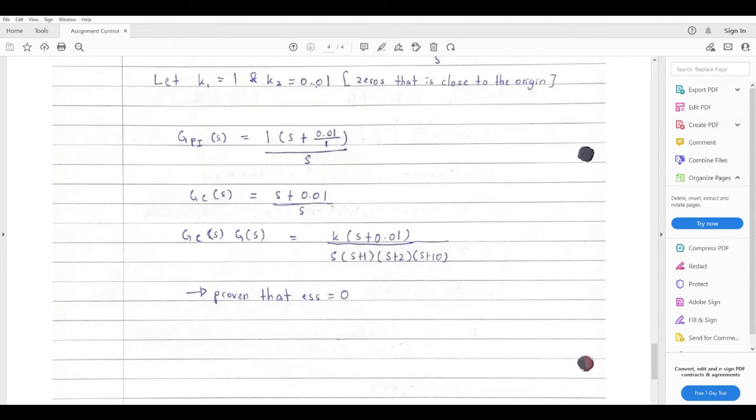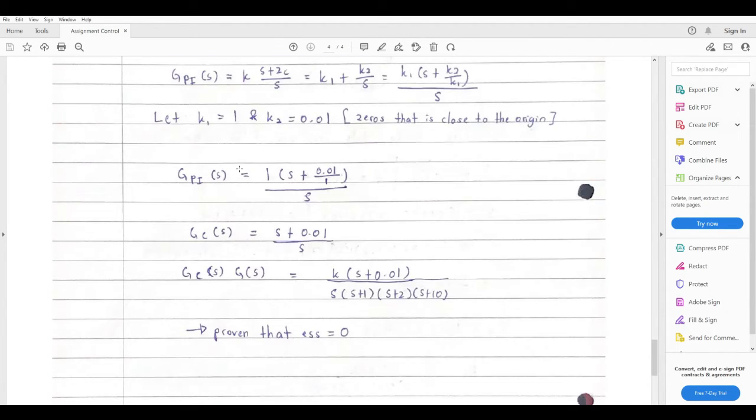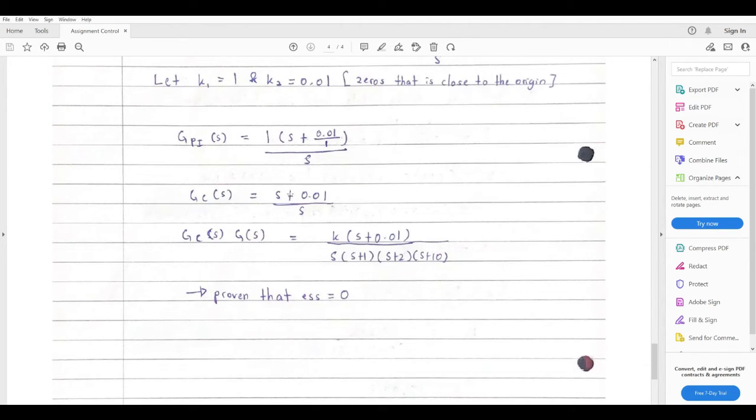So this is the value that is close to the origin. So GPI controller, so K1 bracket S plus 0.01 for the K2 over S.